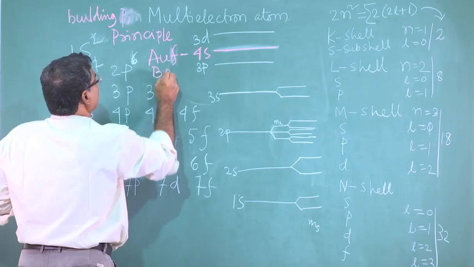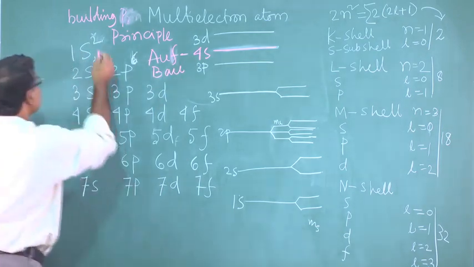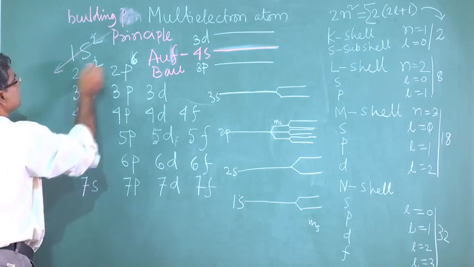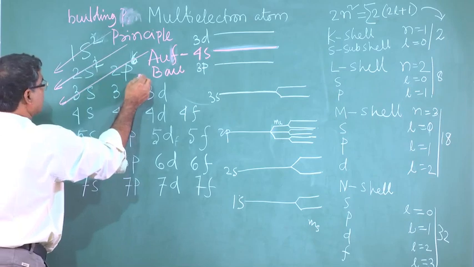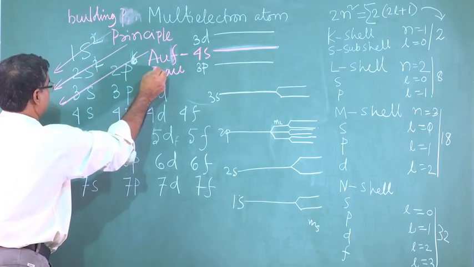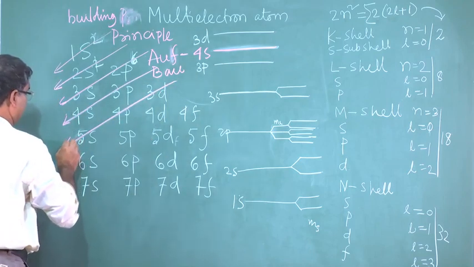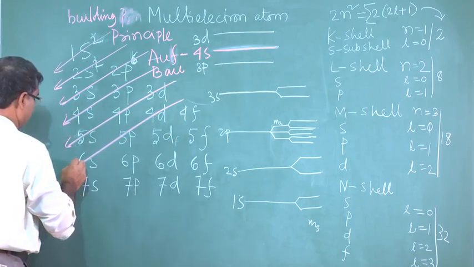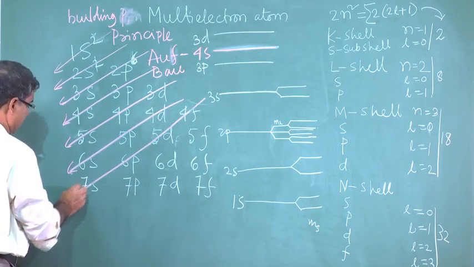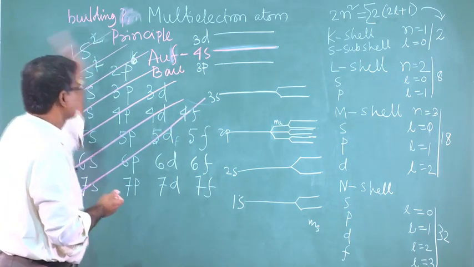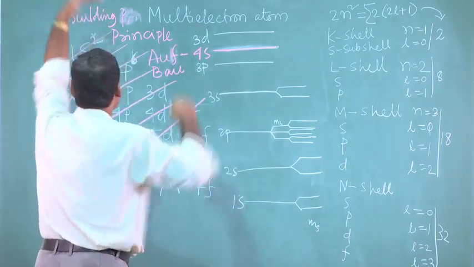It is telling us, if you just follow this arrow, these are the sequence from the lower energy level to higher energy level.